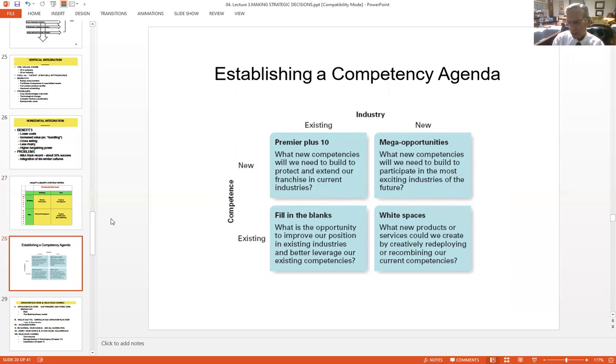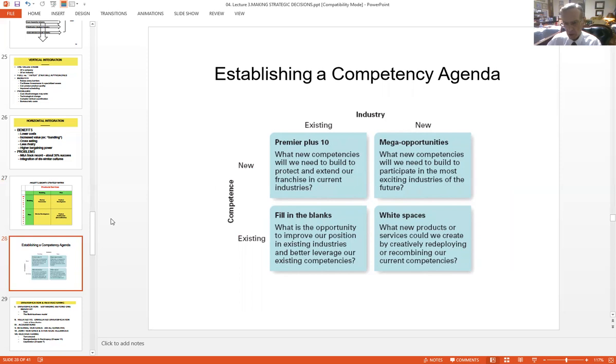In any event, how will we develop new capabilities? And you can see that it looks very similar to Ansoff's matrix. But now we're talking about industry rather than market. Existing industry or new industry? Existing competence or new competence?